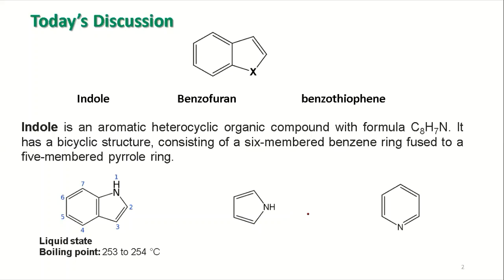Among these three, which will be the most basic and what will be the order of basicity? Can anybody get the idea? Any idea you have? Okay, so let me tell you.